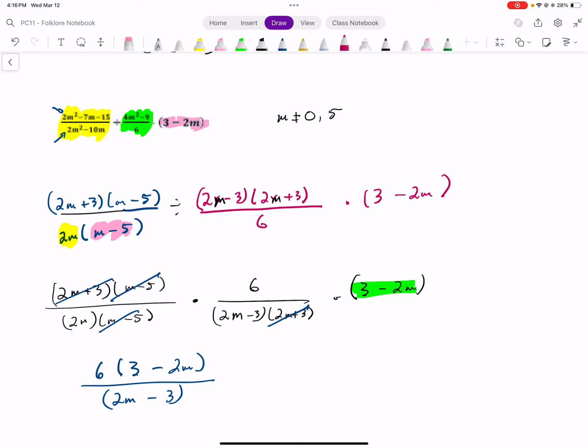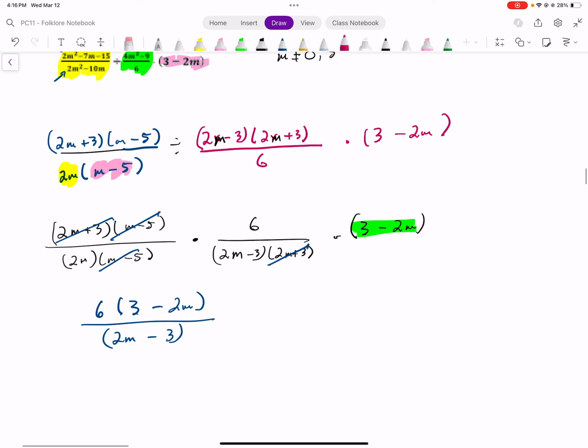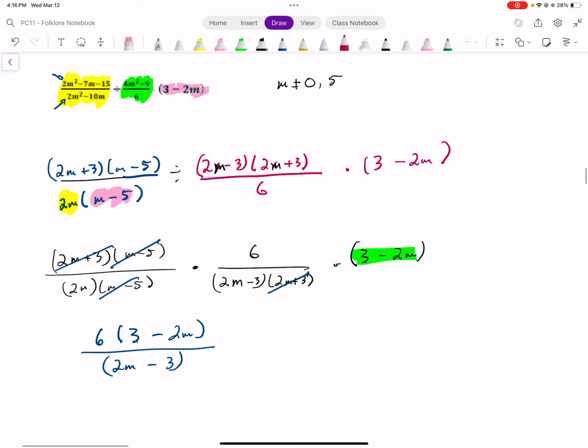So I could move along. Give me 1 second. So I have 6, 3m minus 2, 3m minus 2. Oh, I forgot a factor of 2m over there. Okay, so factor of 2m. Yes, and I think I have all the factors.